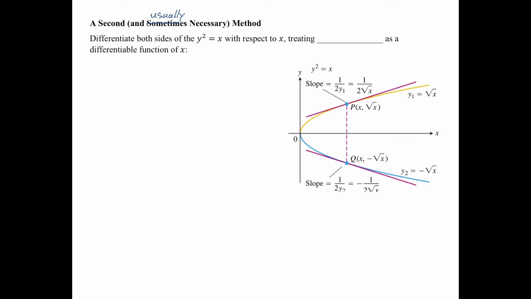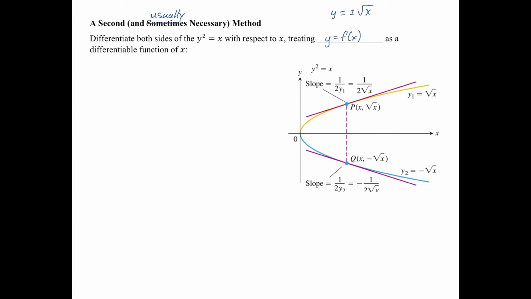So what we're going to do is differentiate both sides of y squared equals x with respect to x, treating y as some differentiable function of x. And we saw in the last example, y was equal to plus or minus the square root of x, and it'll be the same scenario here because we're using the same equation. So how are we going to do it?